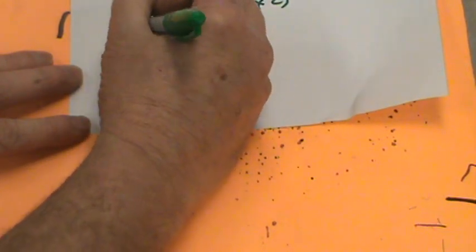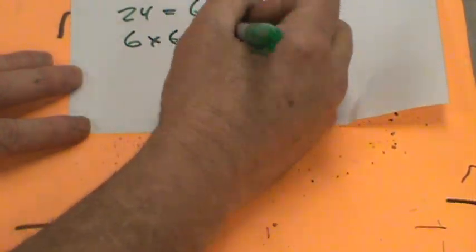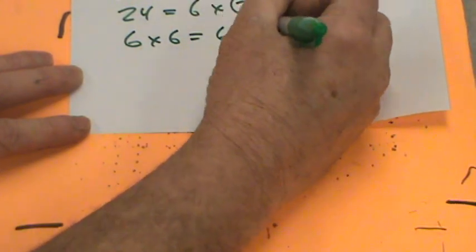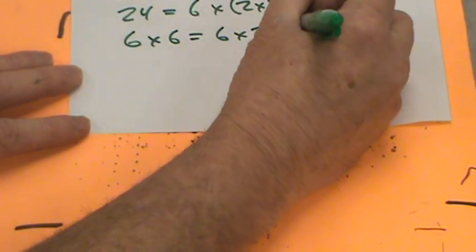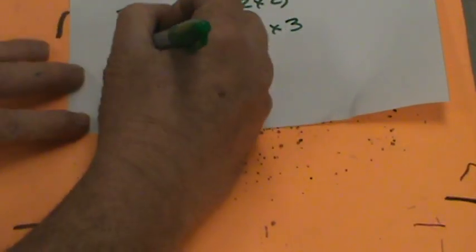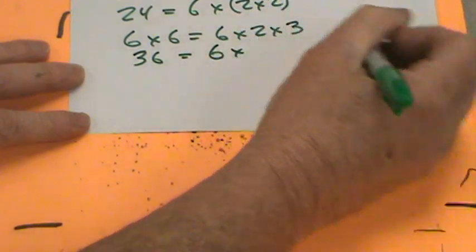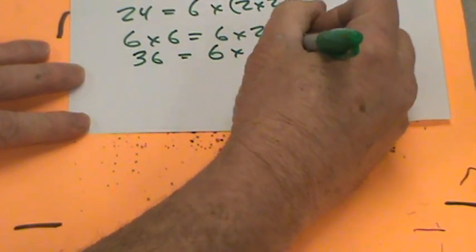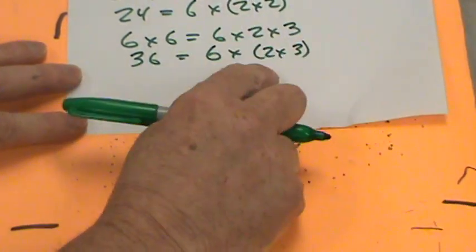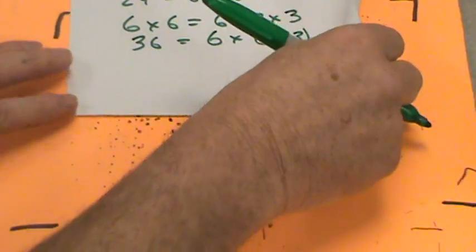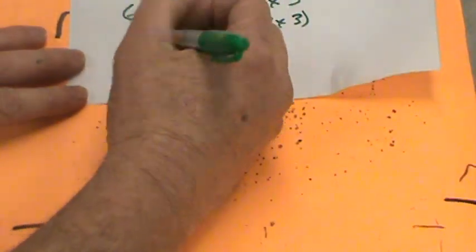Let's do 6 times 6 equals 6 times 2 times 3. So we know that 6 times 5 is 30, so 6 times 6 would be 36, right? So 36 equals 6 times, and we put the 2 times 3 in parentheses, because 2 times 3, of course, equals 6.